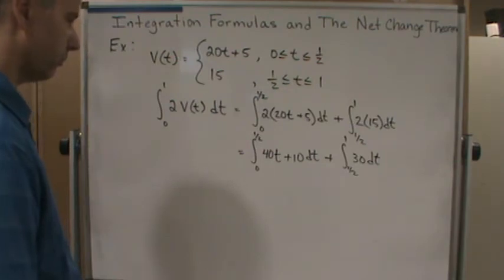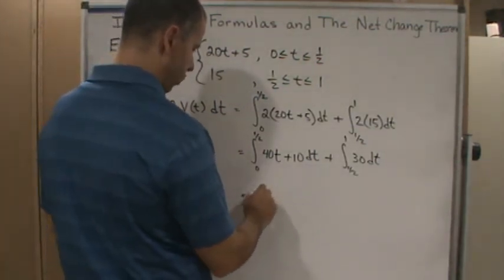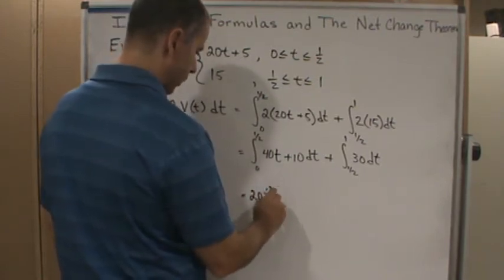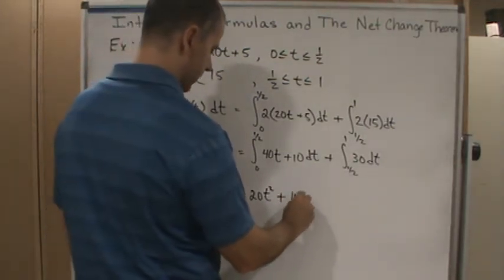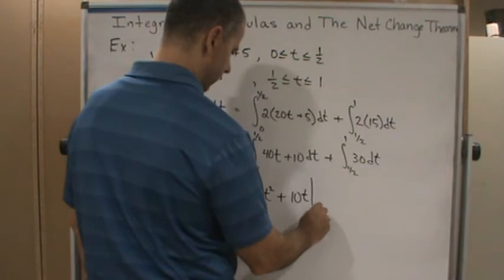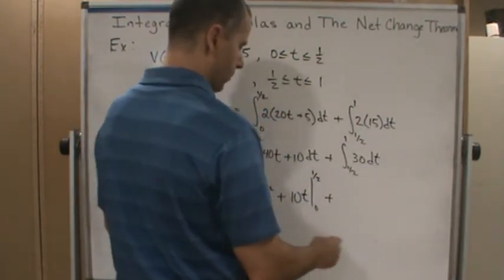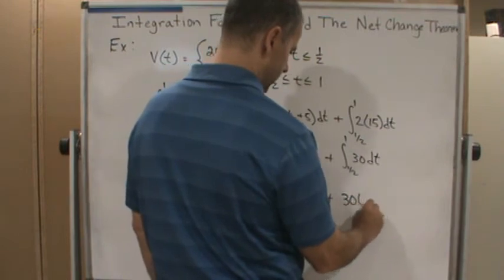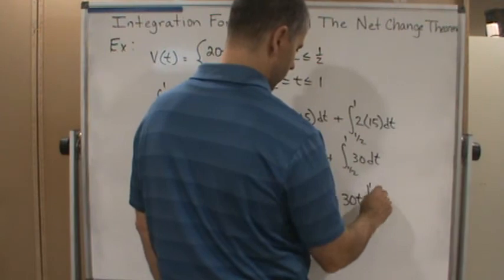Now we've got to find the antiderivatives. So this is going to be 20t squared plus 10t evaluated from 0 to a half, plus 30t evaluated from a half to 1.